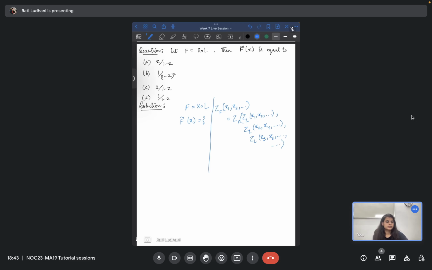Is that okay? Yes, ma'am. So we try to get f tilde of x, because f tilde of x is where you put x1 equal to x, x2 equal to x squared, and so on.